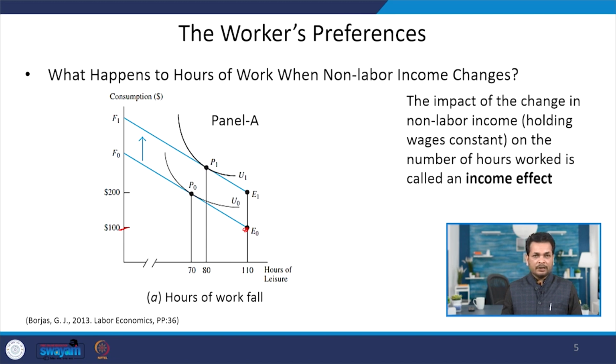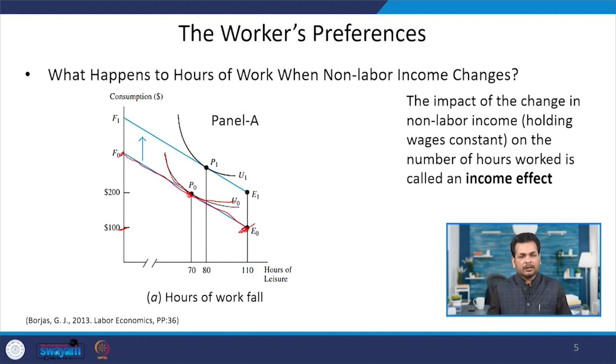The worker has a budget line F0 E0 and maximizes his utility on U0 at the point P0, which decides that the worker will have 40 hours of work.